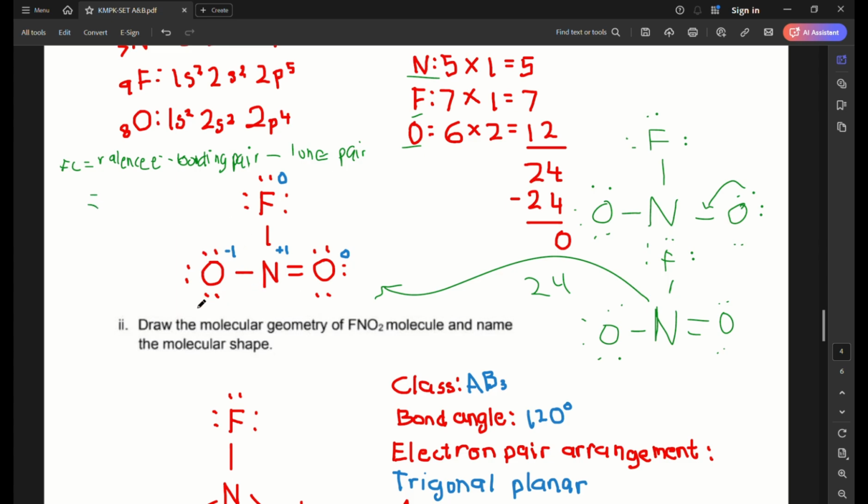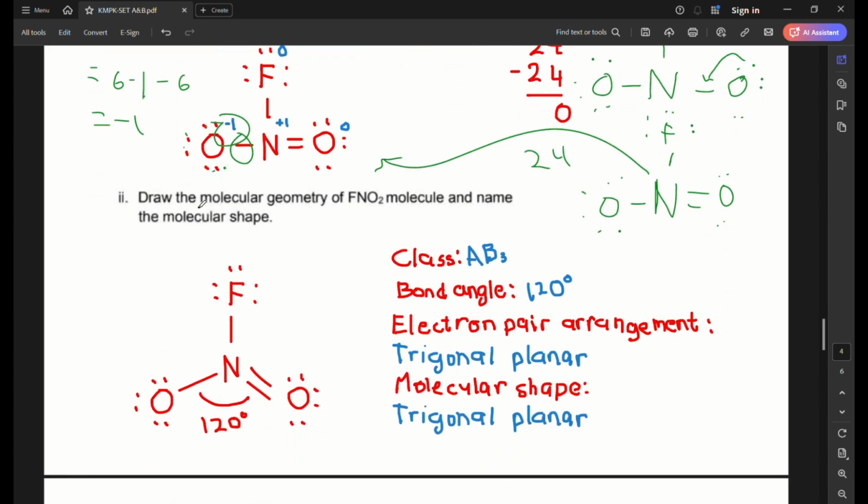So we're going to take the O. O has 6 valence electrons, right? The bonding pair is the line, and the lone pair is the dots. So the bonding pair, which is the line, has 1. The lone pair, which is the dots, is 1 2 3 4 5 6. So 6 minus 1 minus 6, that means FC is equal to -1. Hence the formal charge is -1. And it's the same for the other ones. You calculate the formal charges.